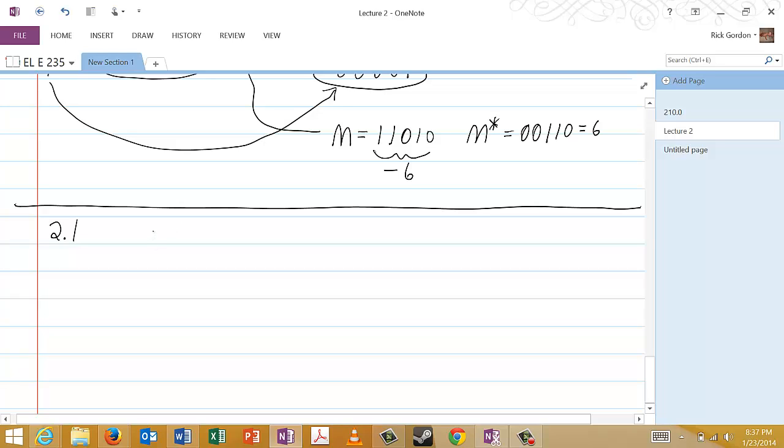Let's say that we have the number 1, 0, 1, 1, 0. And this is in 2's complement representation.